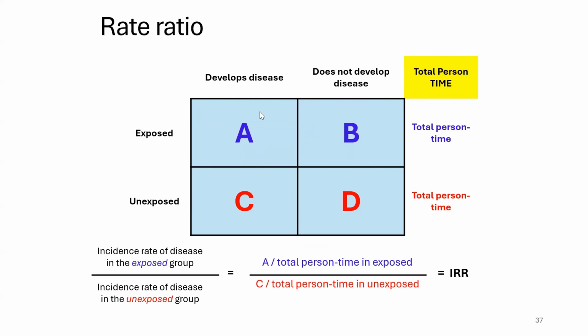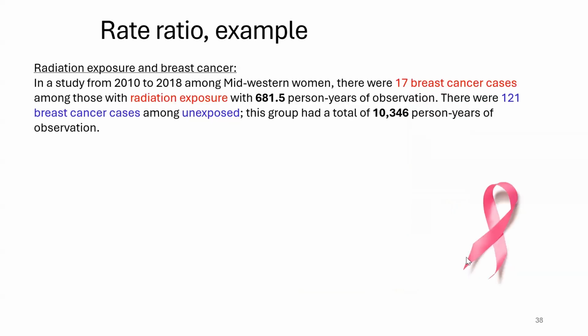So this cell is not necessarily going to be equal to these two in a non-fixed population, but it's calculated in a similar way. So in this case, your incidence in the exposed group is A divided by the total person time. And your unexposed is C over the total person time in the unexposed group. And that gives you your incidence rate ratio.